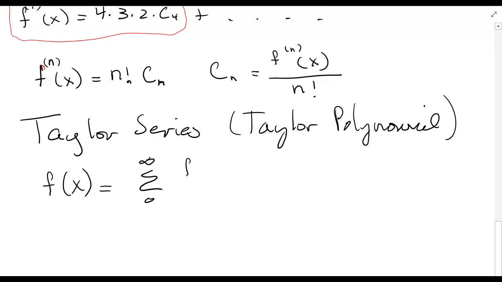My coefficient is now f, with the number in parentheses, of a, over n factorial, because remember, we want to center everything at a, so it becomes f^(n) of a, times (x minus a) to the n.